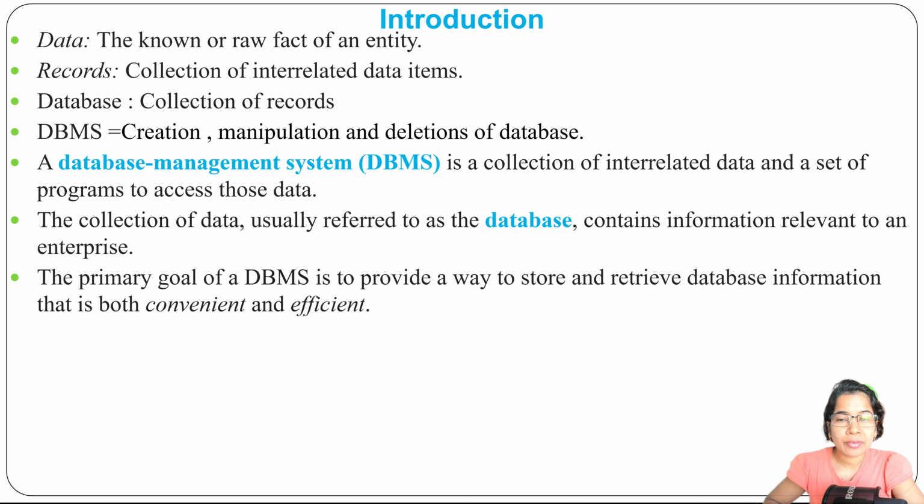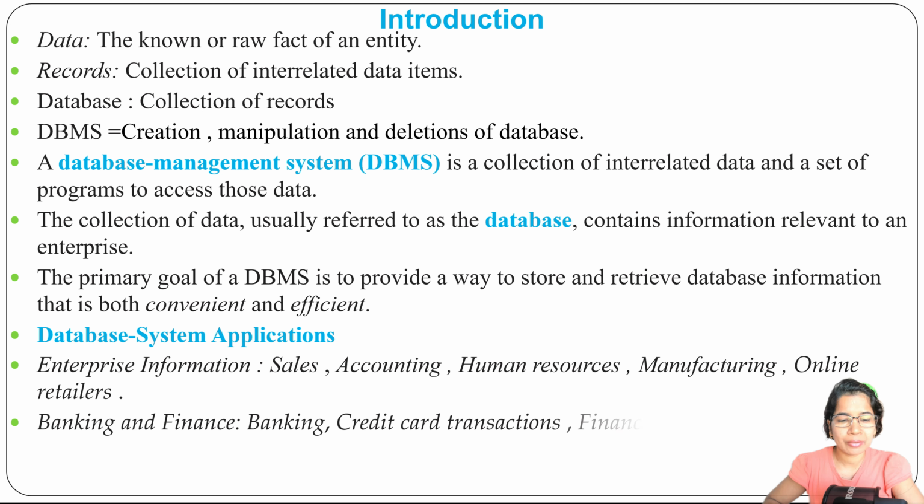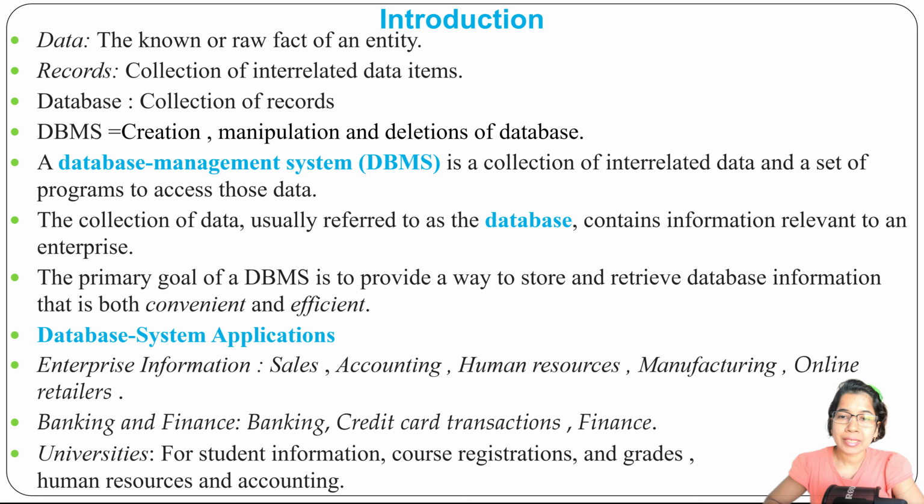Next, application of database system. It has applications in every field, like in enterprises, sales, accounting, HR, manufacturing, online retail, for everything we use. In case of banking and finance, for maintaining the banking, credit card transaction, finance, loans, all these we use. Next, in universities, to keep track of students, instructors, grades, admission fee, we use the database.